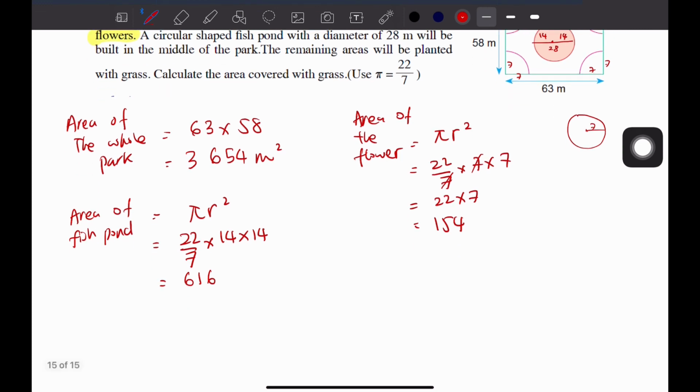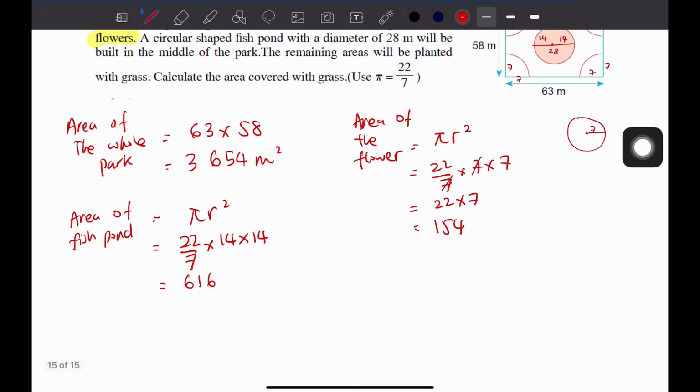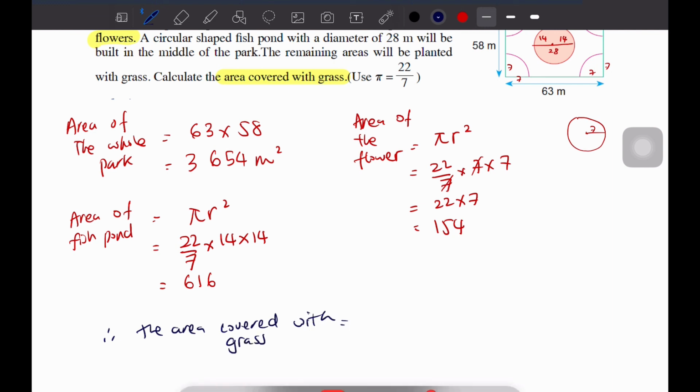Now, the question asks about the area covered with grass. Hence the area covered with grass is the whole park, 3654, minus pond, minus flower.